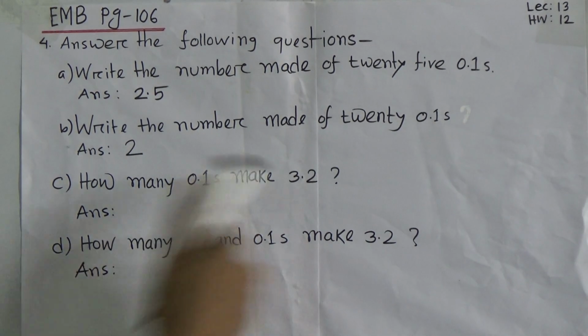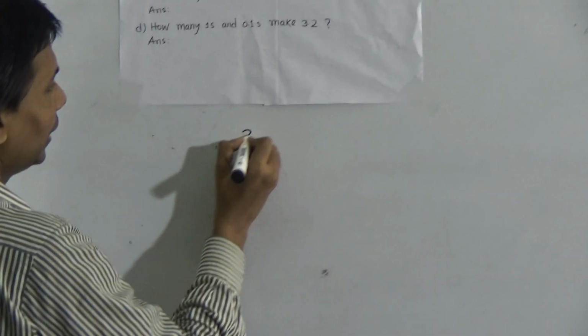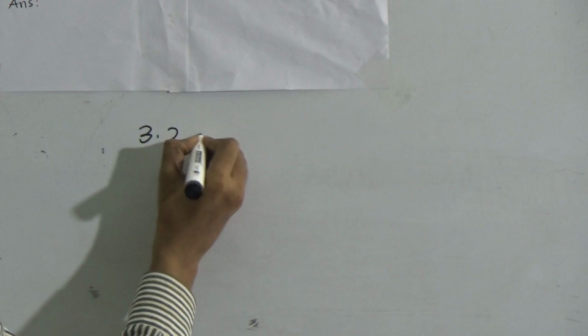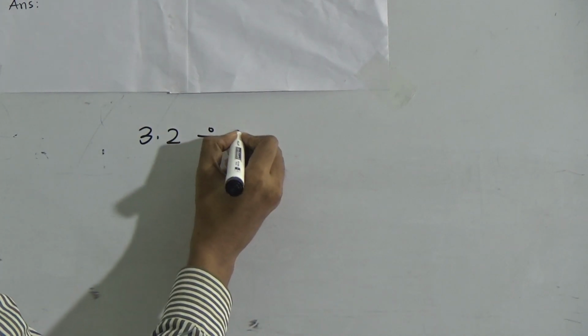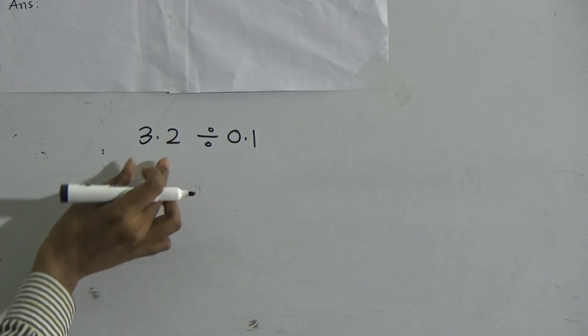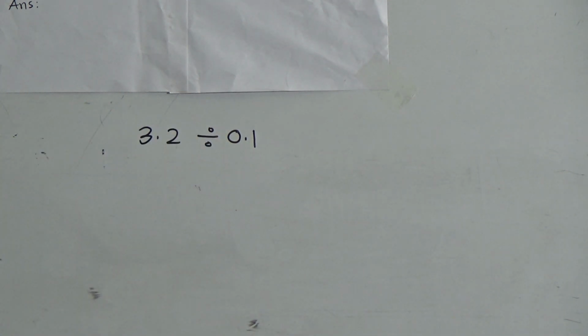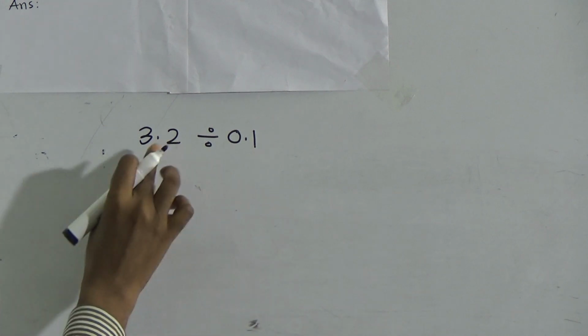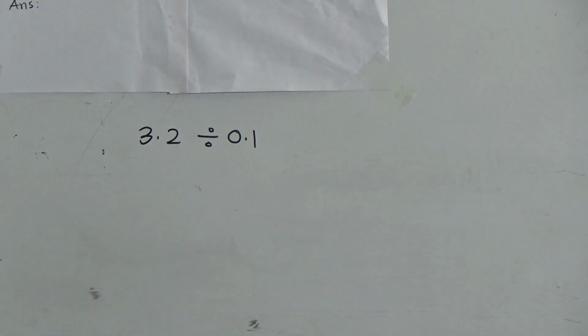So this will be division: 3.2 divided by 0.1. This is the greater number and this is the smaller number, so you have to divide 3.2 by 0.1.